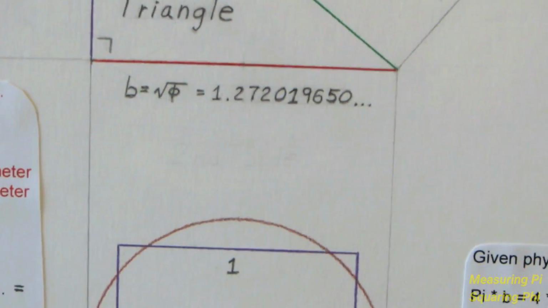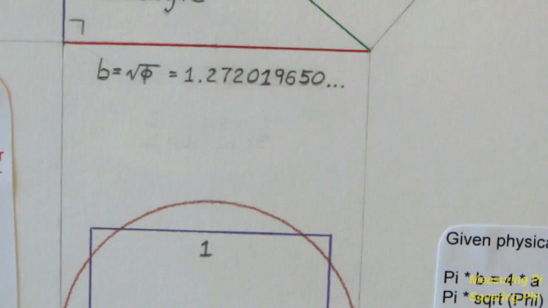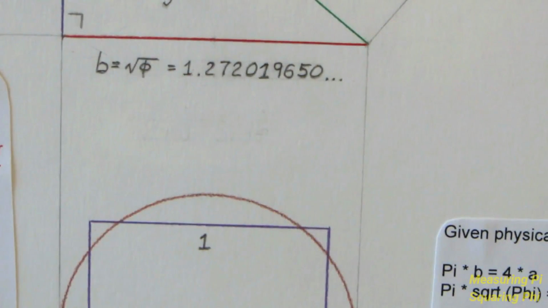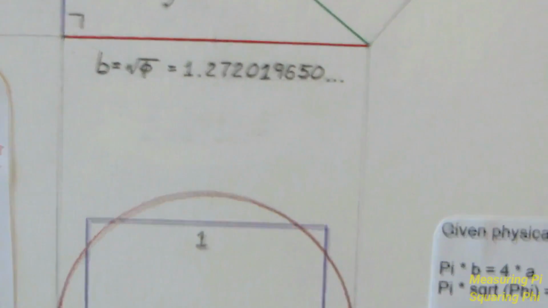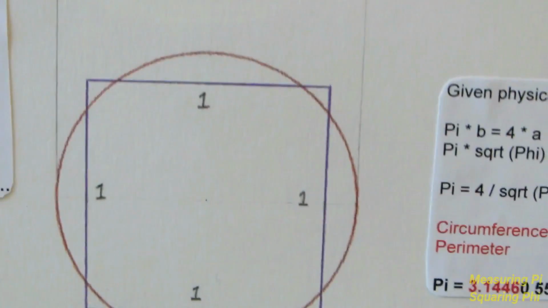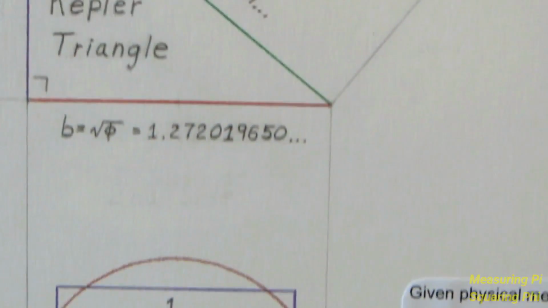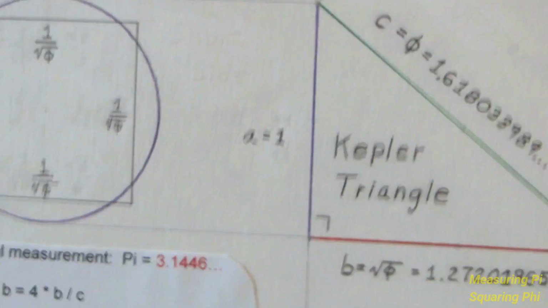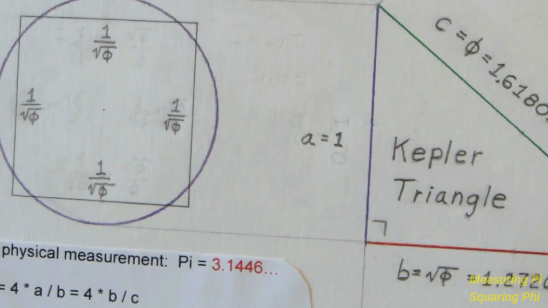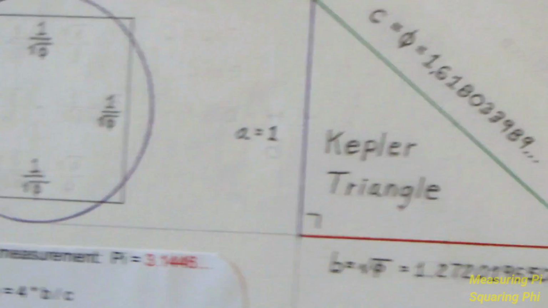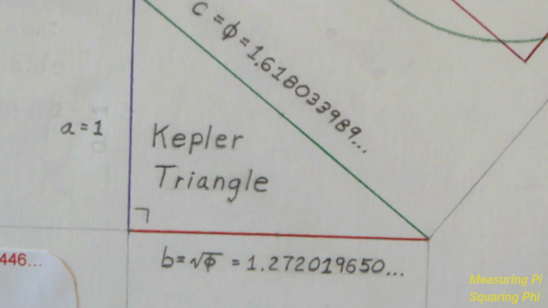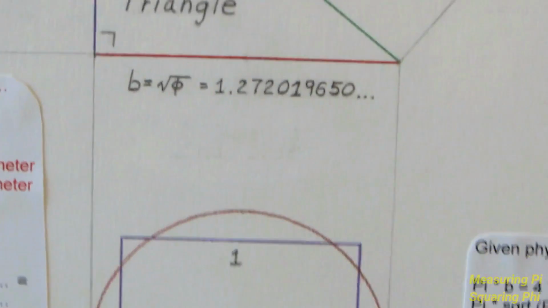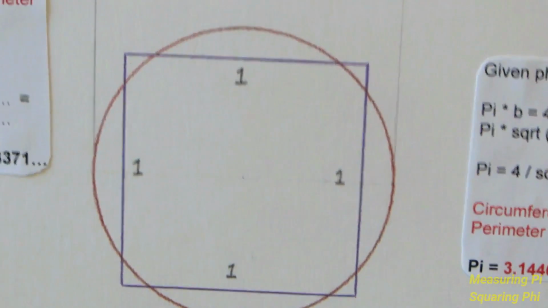Let's multiply pi times the red line. That's going to be a circle. In fact, it will be this red circle. It will be the circumference of that circle, and that will equal 4 times the third side, which is 1. What we've done once again is, let's look at the equations.